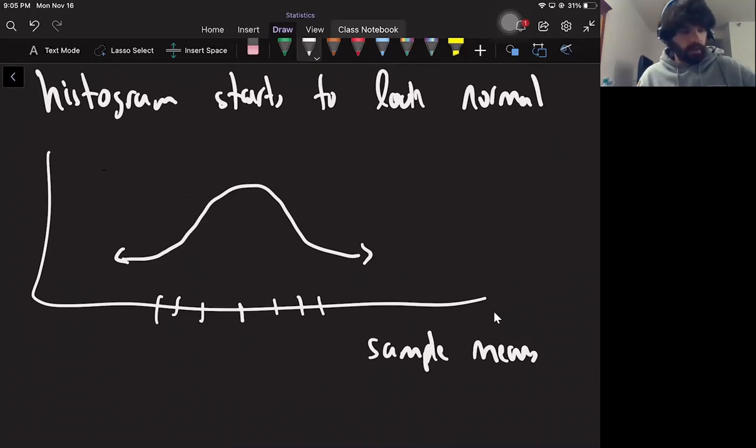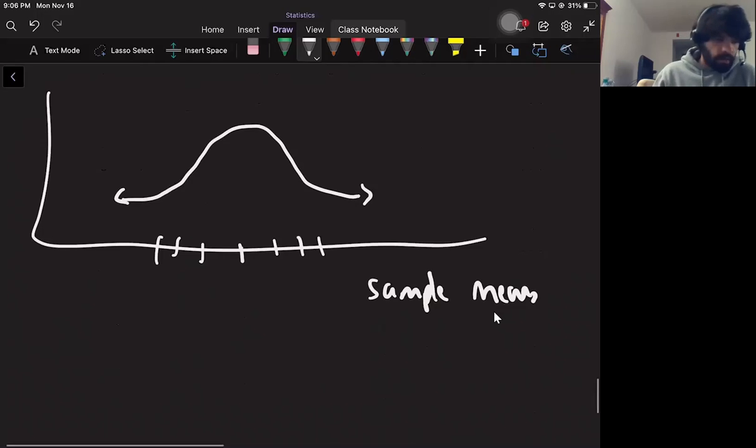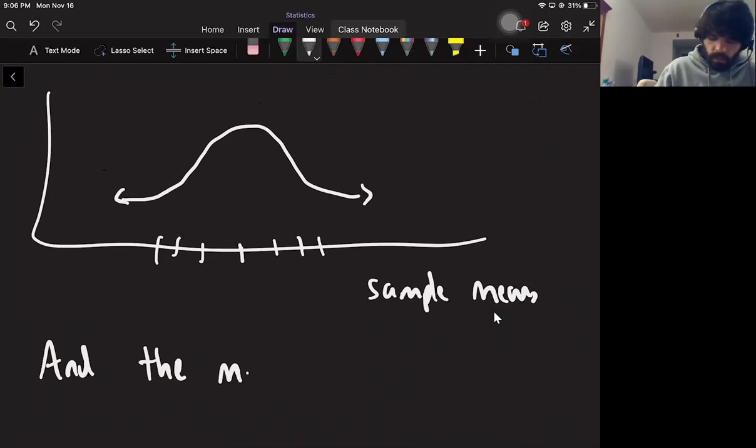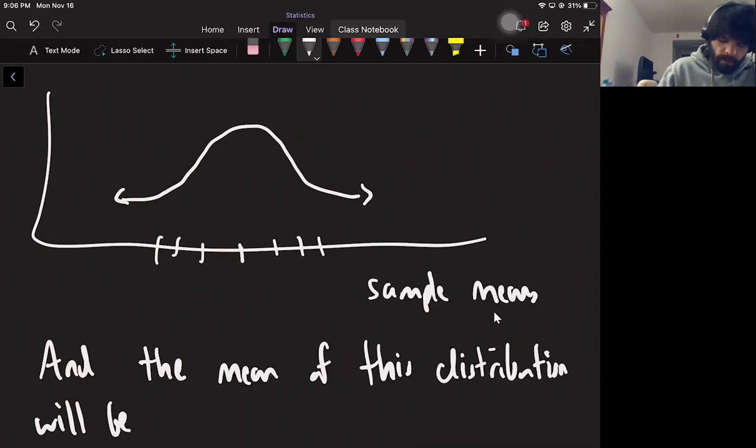But even better, now we have a normal distribution, which has a mean and a standard deviation. The best part is that the mean of this distribution will be the population mean.